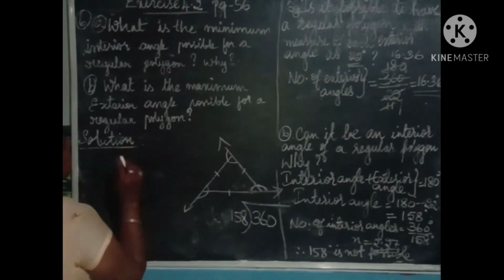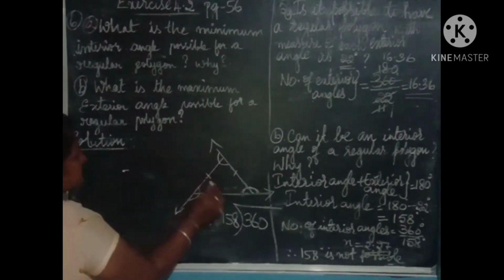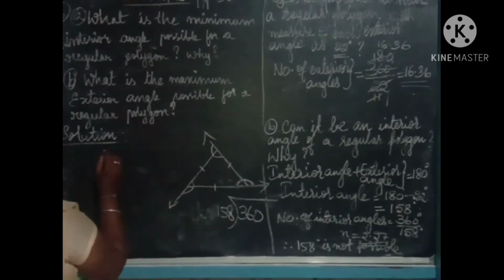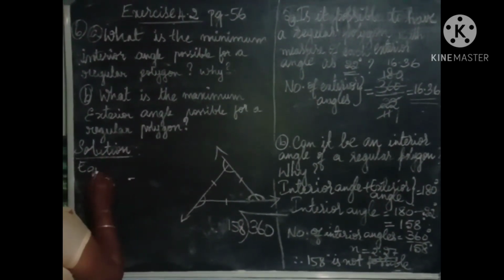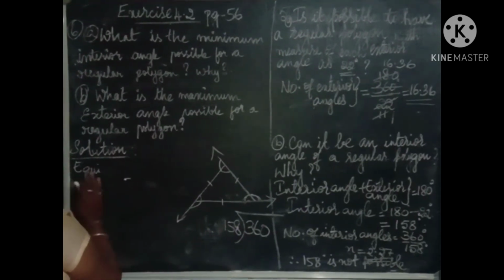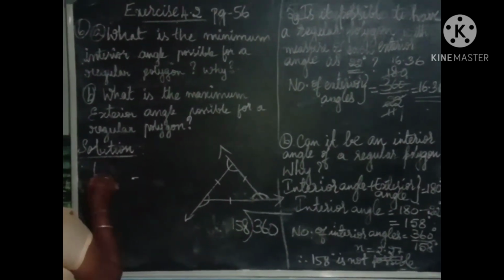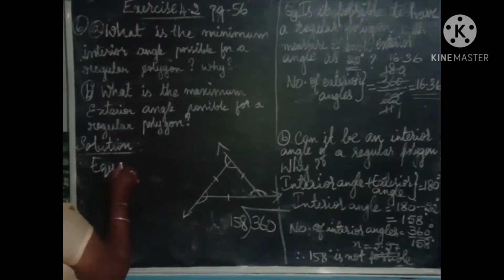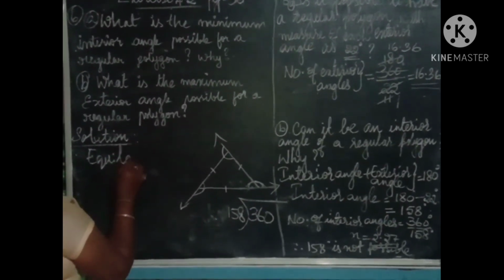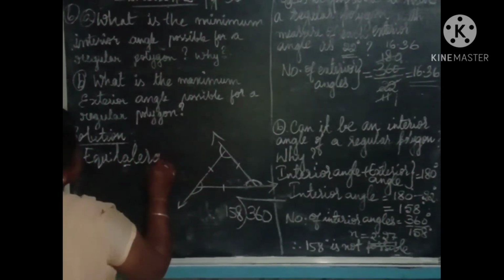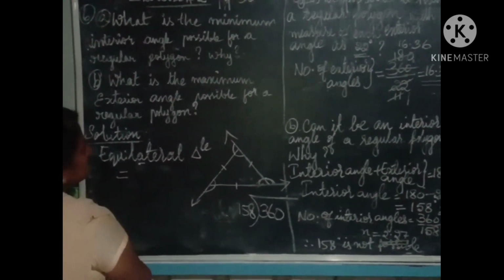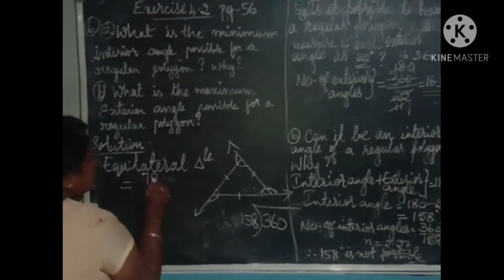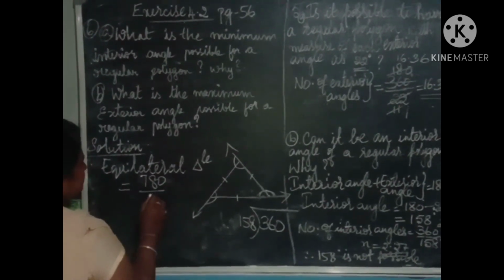I will just say, see here, equilateral triangle is equal to 180 divided by 3.